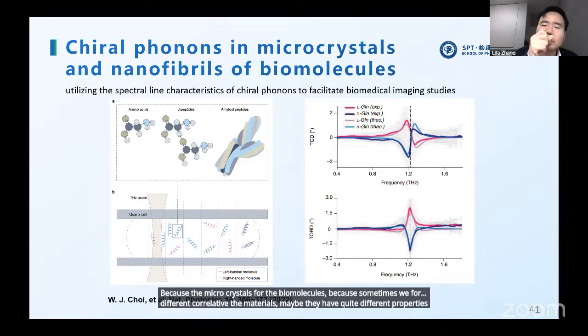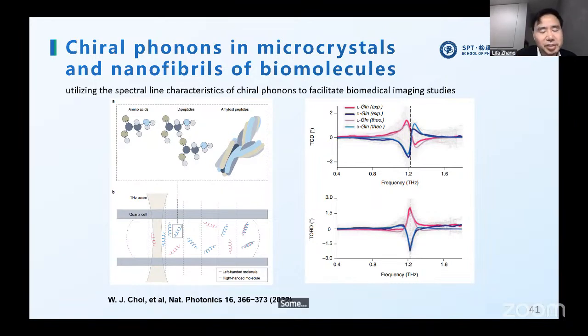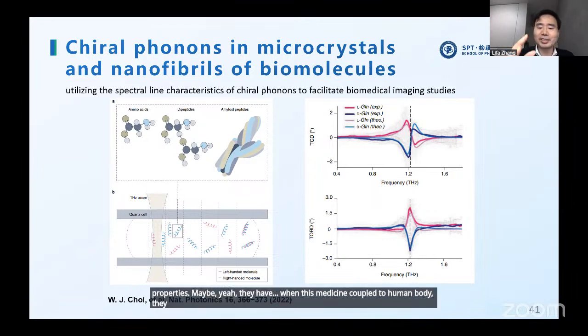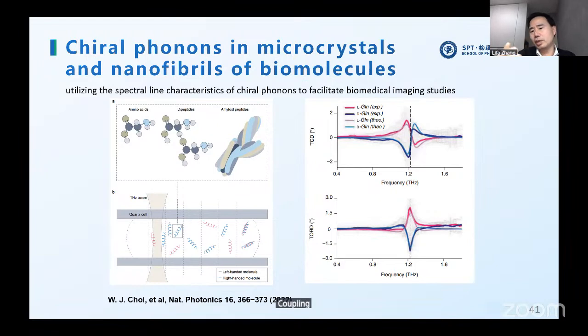Why is this? Maybe some medicine, when coupled to the human body, needs some interaction, maybe vibration or some coupling. They may also need the phonons to be involved.